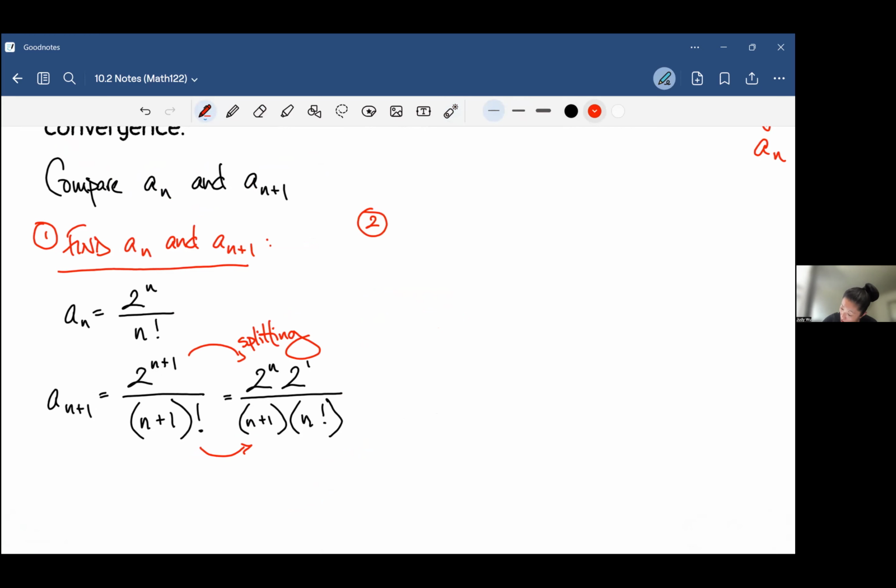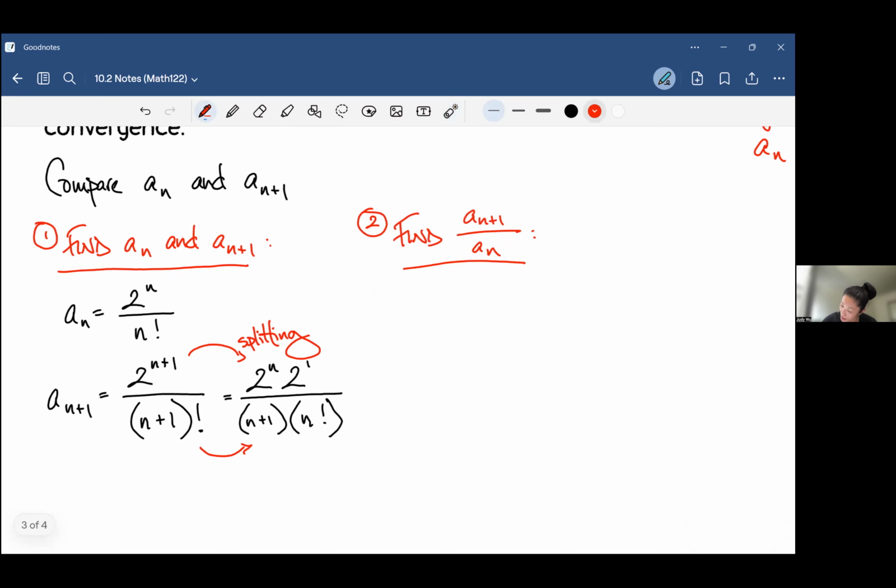Step 2, we are going to find a sub n plus 1 over a sub n. When I take the ratio of these two things, that's what I mean when I say we're comparing them.